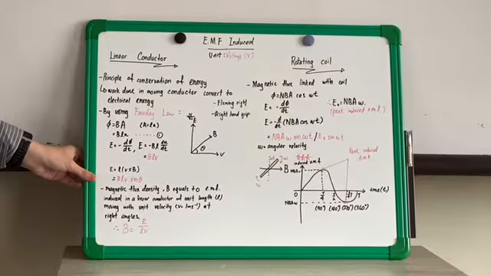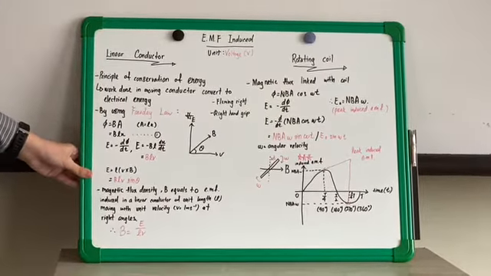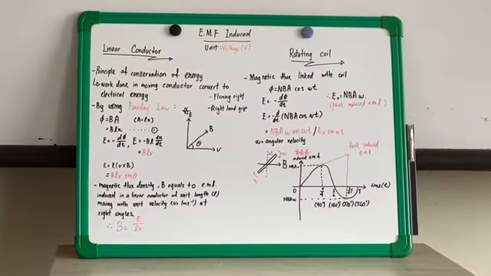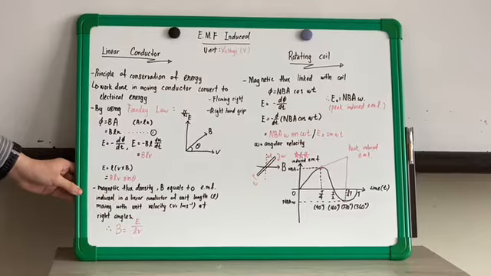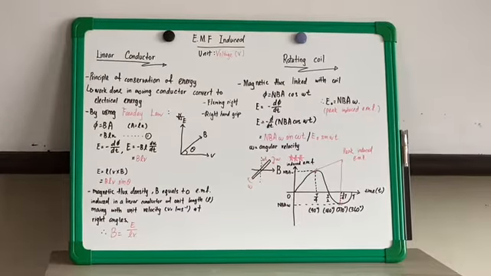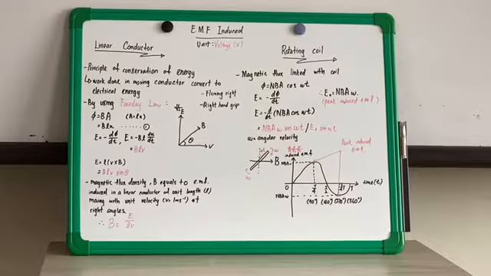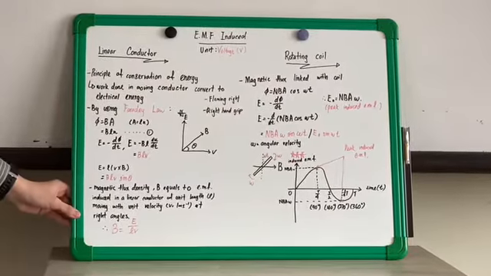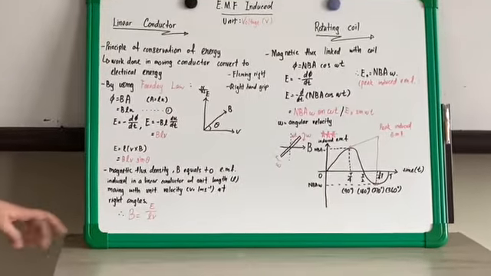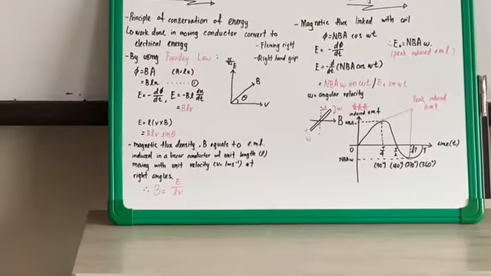Magnetic flux density times length and the velocity. The magnetic flux density B will equal the induced EMF in a linear conductor of unit length, unit velocity, and right angles. B equals E over LV.